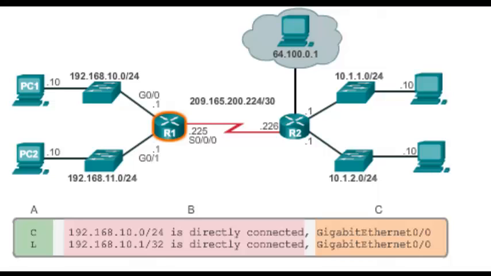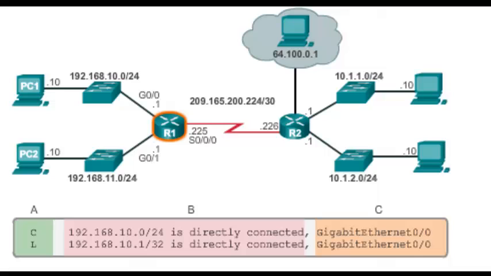As with directly connected networks, the route source identifies how the route was learned. Common codes for remote networks include the letter S, which identifies that the route was manually created by an administrator to reach a specific network, and this is known as a static route.